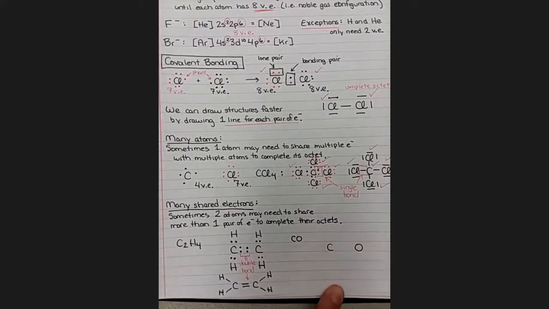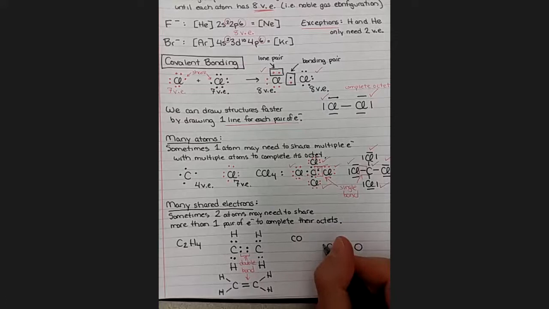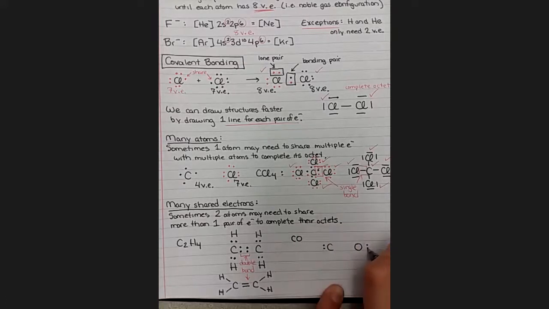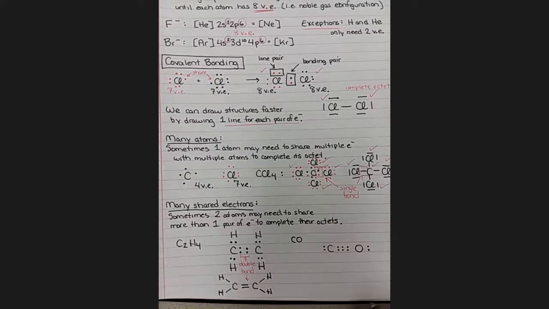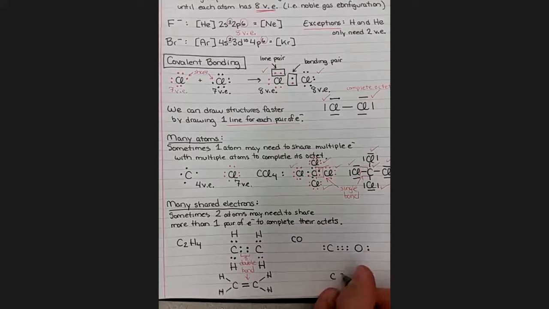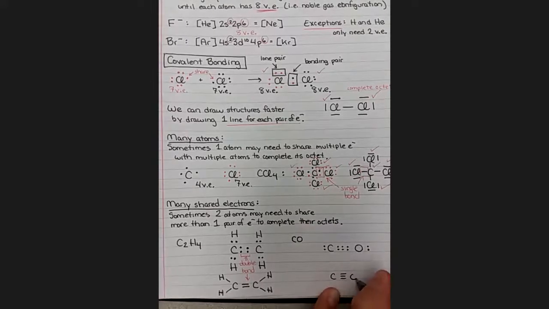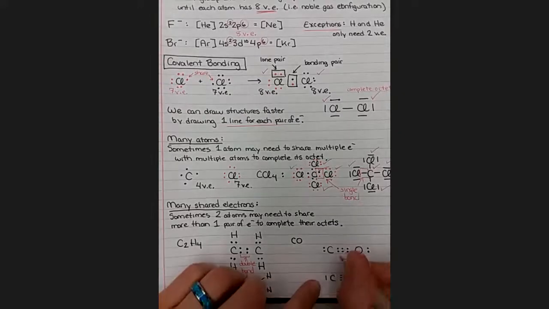You can see them in a molecule of carbon monoxide, where each of the carbon and oxygen atoms has a single lone pair, and there are 3 bonding pairs. Also drawn like this, 3 bonding pairs, 1 lone pair each. Call that a triple bond.